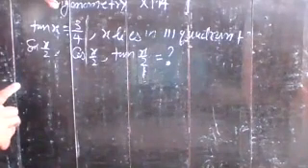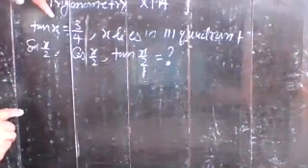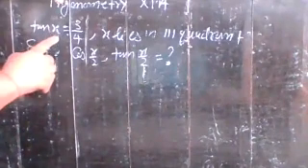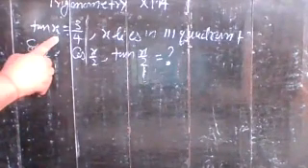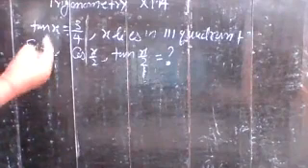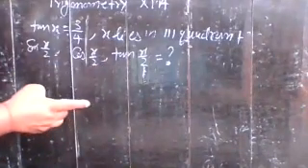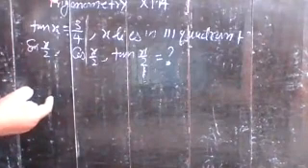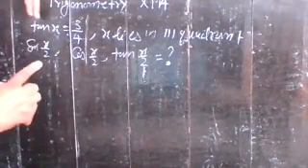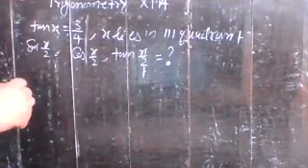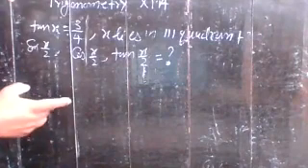So just see your question. You have the value of tan x, means here you have the angle x, and you have to find the values for half of this angle, that is x by 2: sine x by 2, cos x by 2 and tan x by 2. So what do you do in such type of question? In each question, first you try to find the value of cos x.